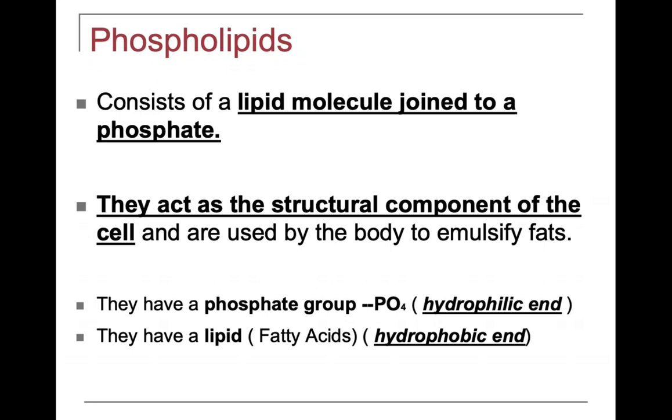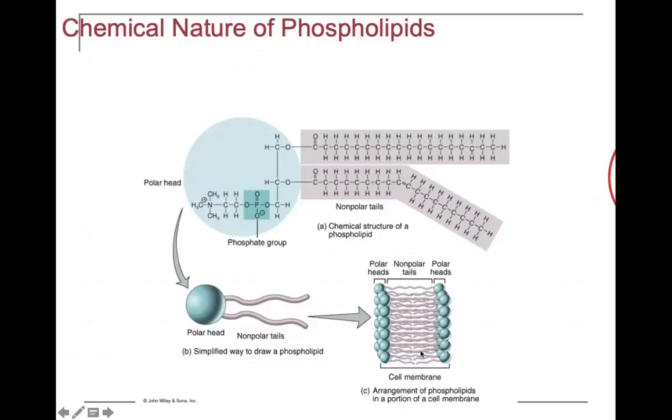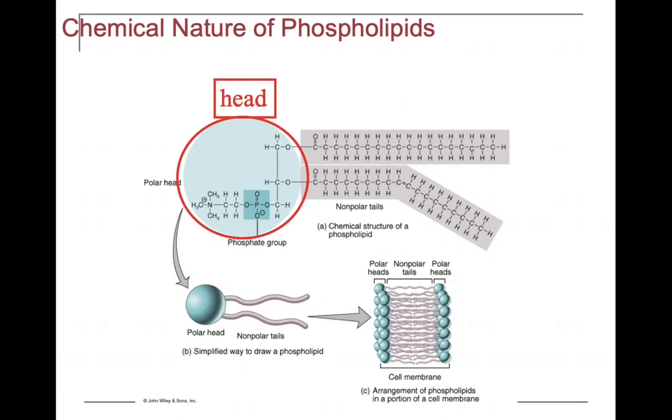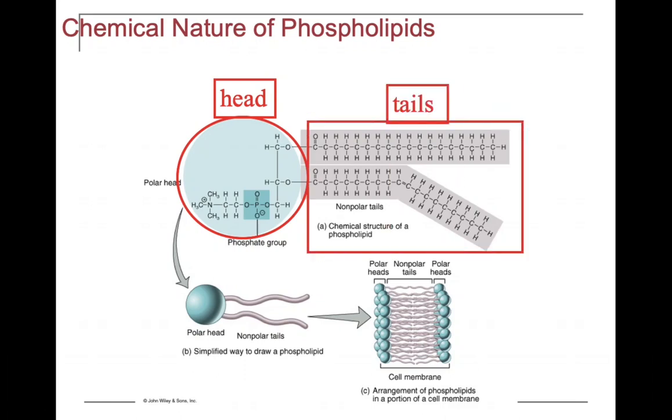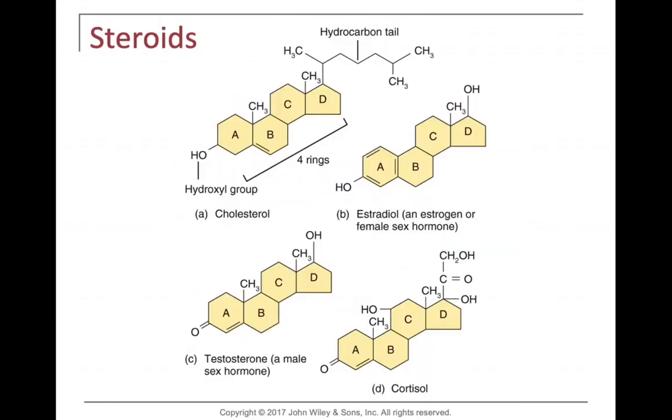The phospholipid, as shown in that illustration on the last page, has a phosphate group, the PO4. That PO4 is the hydrophilic end, it likes water, and then it has the lipid portion, which is the inner part of the cell membrane. That is the hydrophobic portion. And again, there's the head, the phosphate, and there are the tails. Hydrophilic, hydrophobic. On the bottom there is the phospholipid membrane. It makes it selectively permeable.